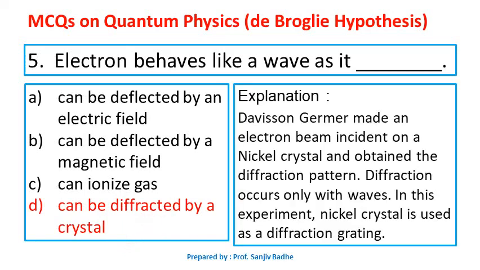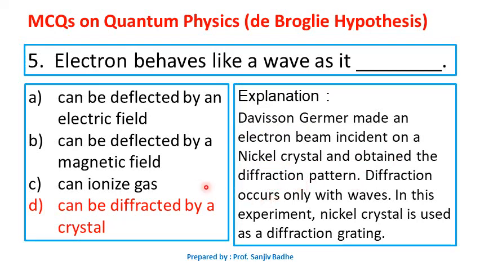Diffraction is the phenomenon which can be explained by considering the wave nature only. In order to confirm the behavior of electron as a wave, Davisson and Germer did one experiment. In that experiment, they made the electron beam incident on a nickel crystal which is used as a diffraction grating, and they obtained the diffraction pattern.